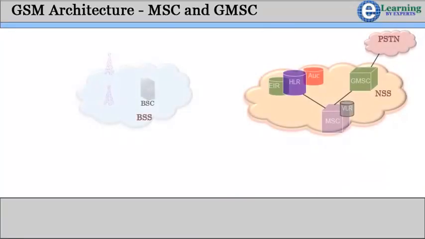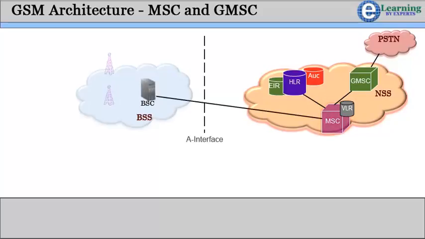Let us begin with MSC. MSC controls the BSC over the A interface. Typically, in a network, MSC controls multiple BSCs. MSC identifies the origin and destination of a call, mobile or fixed telephone, as well as the type of a call.